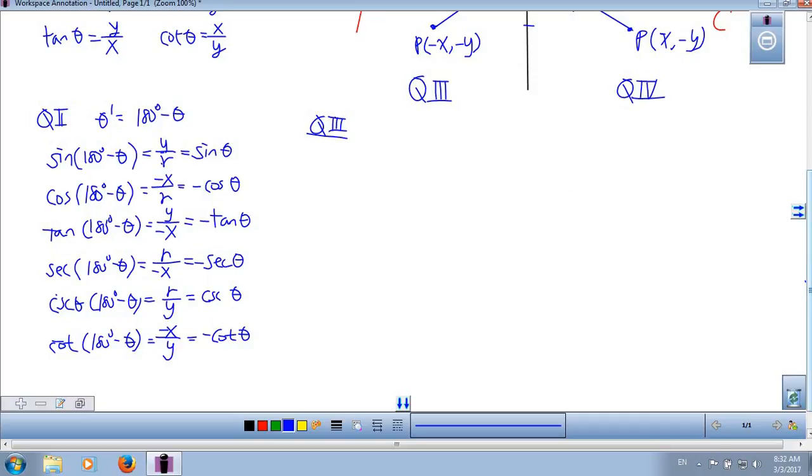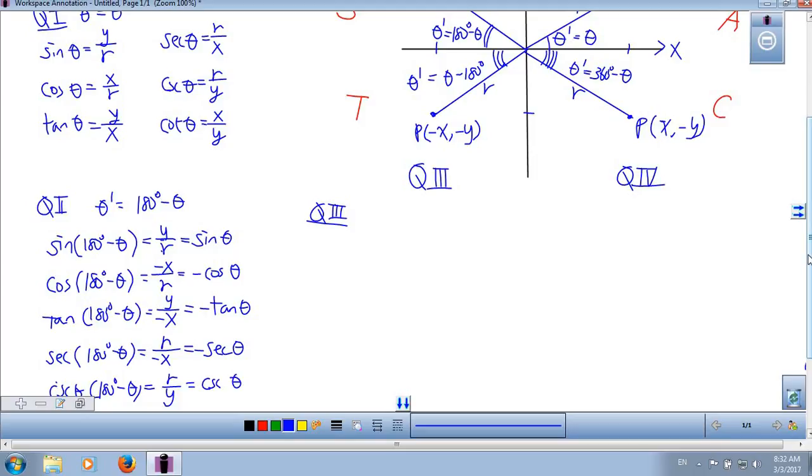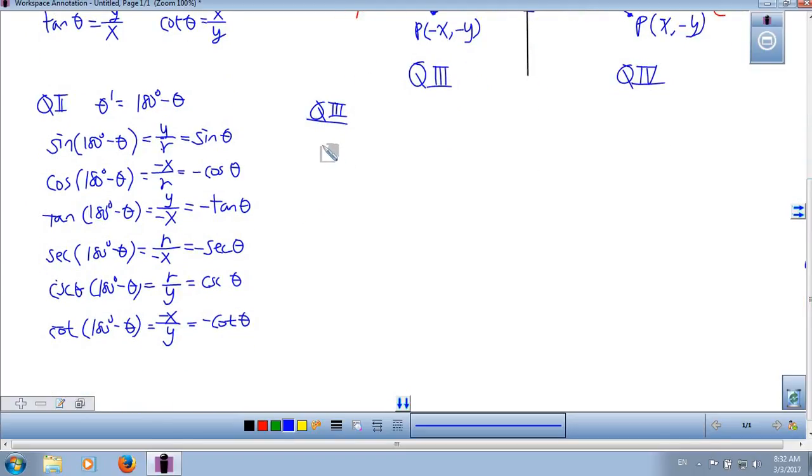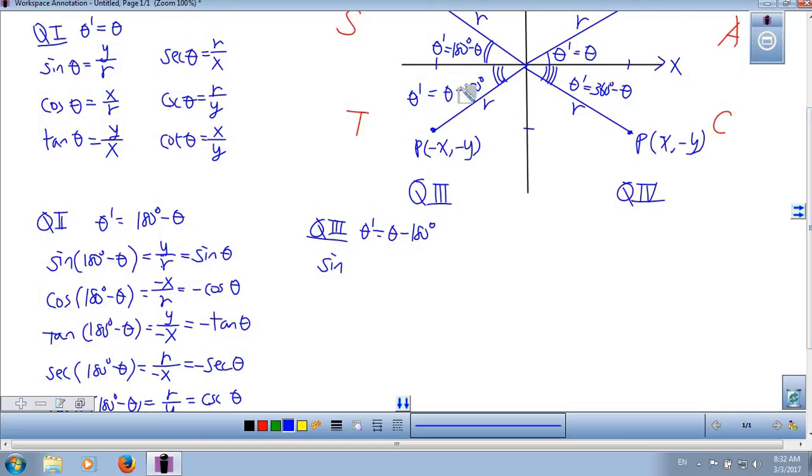Alright, let's go on to quadrant 3 and take a look at it. In quadrant 3, the reference angle is equal to theta minus 180 degrees. Actually, I made a mistake here. It's theta plus 180 degrees. I'm sorry, theta plus 180.